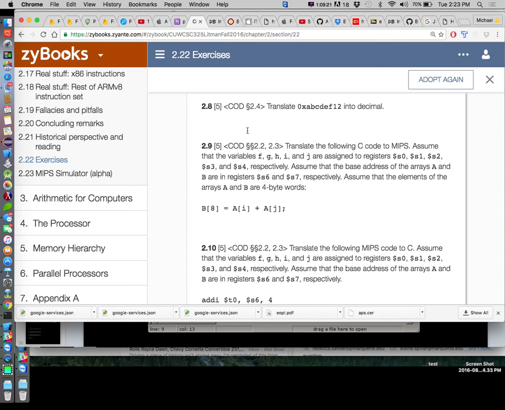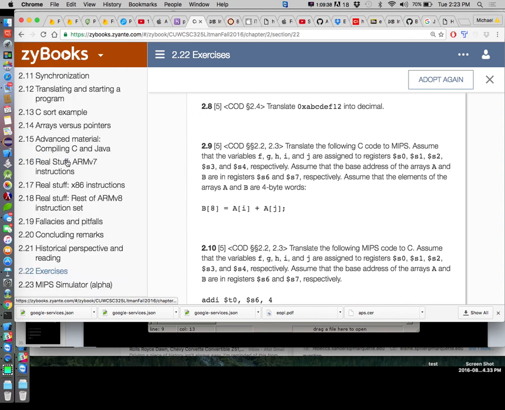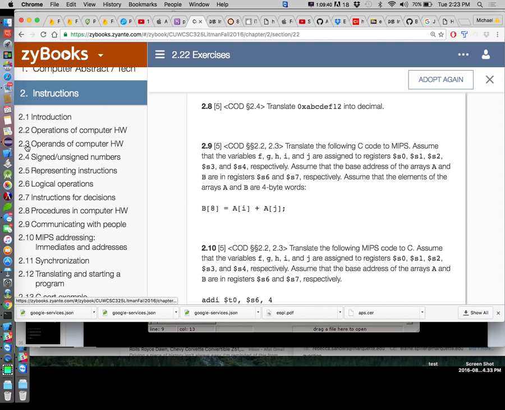So I probably won't give you any exercises dealing with MIPS. It's possible I would take one of their questions and say, do this as 8086 instead. So let me look at the exercises. I'll probably give you 3 or 4 questions based on those 3 readings. That makes sense? So the reading will be 2.4, 5, and 6. So these 3 sections.